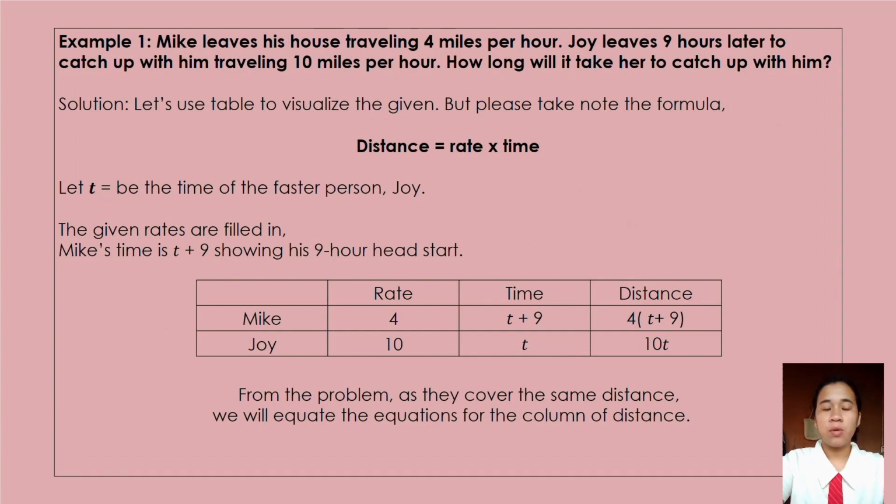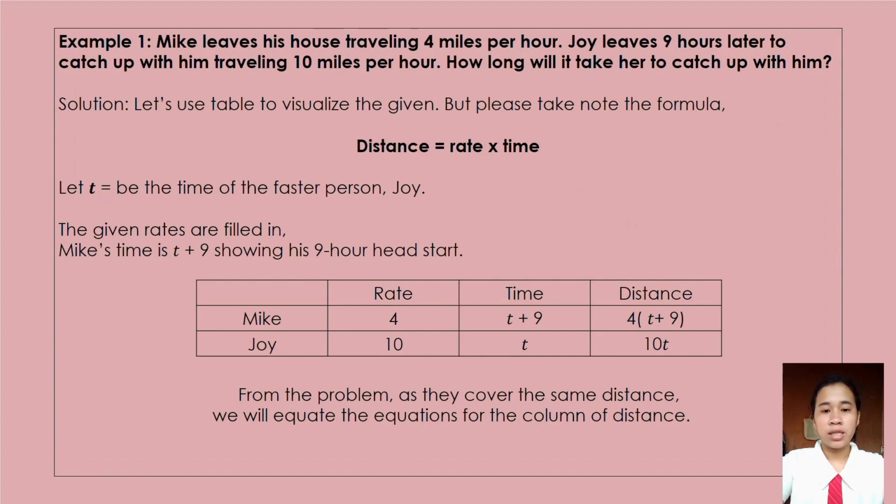Let t be the time of the faster person, Joy. The given rates are filled in. Mike's time is t plus 9, showing his 9 hours head start. You will see in the table: Mike, rate 4, time t plus 9, and the distance of Mike is 4 times t plus 9.